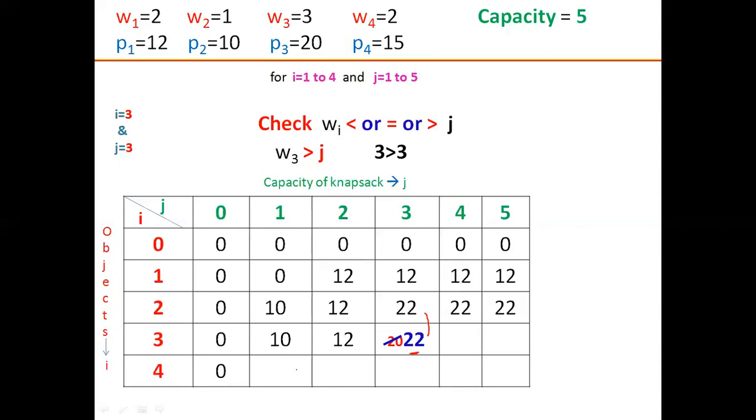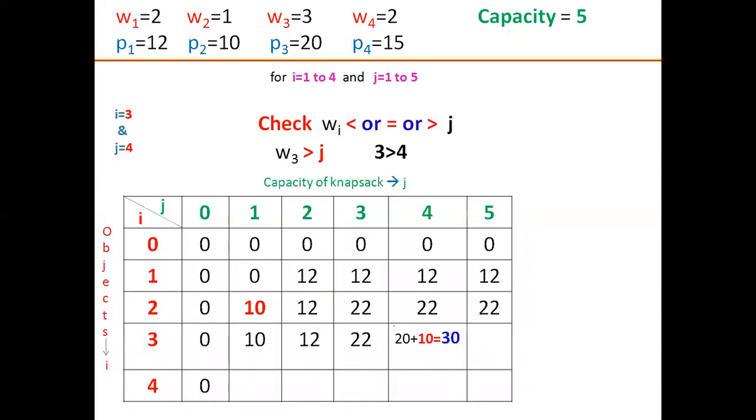So now we'll go for W3 with capacity 4. W3 is 3, capacity is 4. So the weight of the object is less than the capacity. So I can add. By adding that object, I will be earning the profit P3, that is 20.